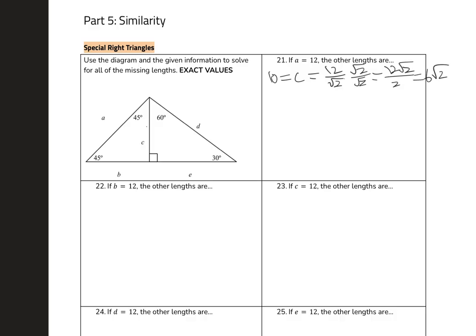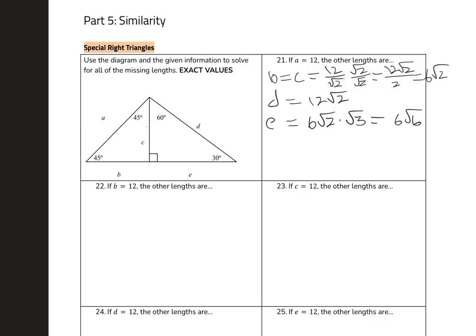So those are the lengths of B and C. So since we know that D has to be double the length of C, we know that D has to be equal to 12 root 2. And we know that E is going to be equal to C times root 3, so that's going to be equal to 6 root 2 times root 3 is equal to 6 root 6.